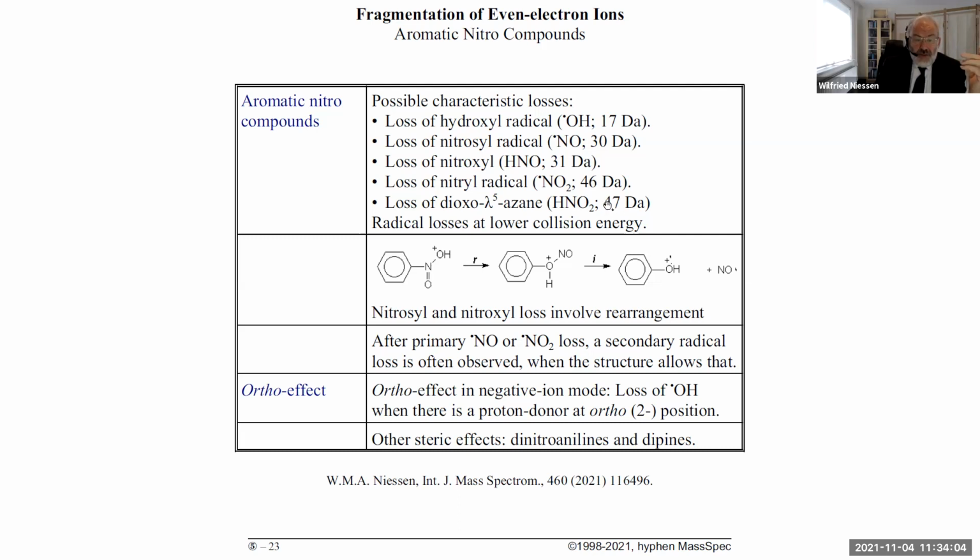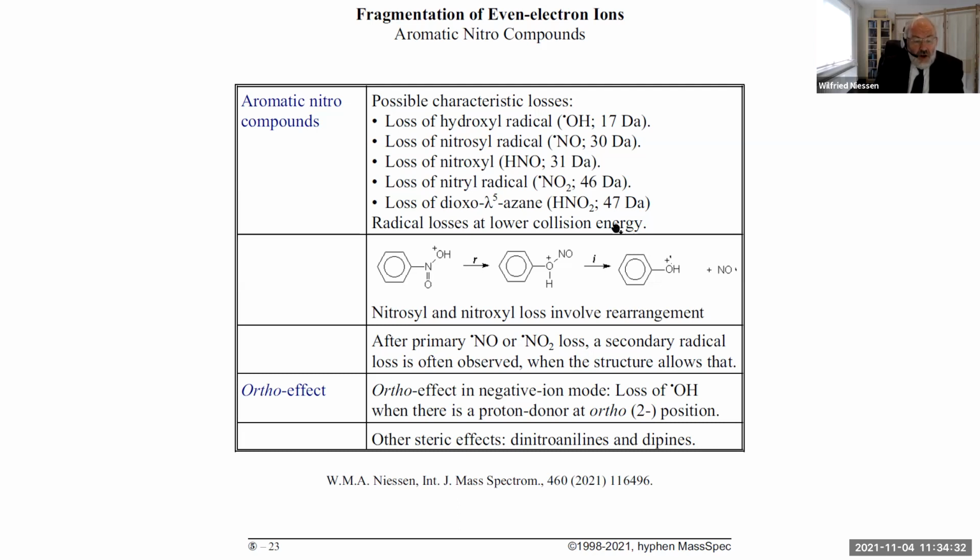This is the loss of 47. And of course, again, what we see is this is either the loss of the radical or the corresponding neutral molecule. Again, like with the chlorine, we see that the radical losses occur at lower collision energy, simply because we have to cut more bonds in order to do so.